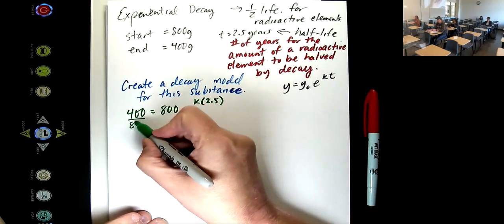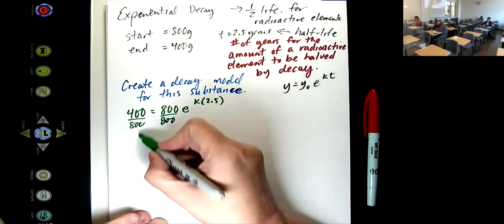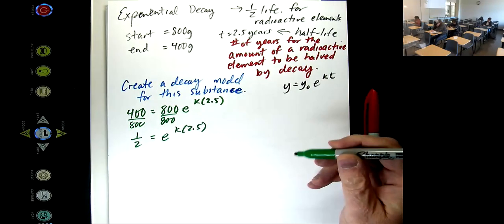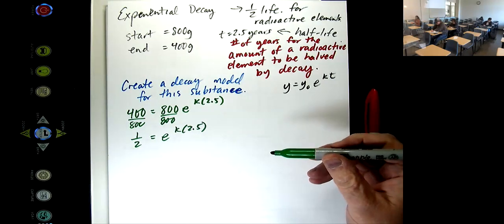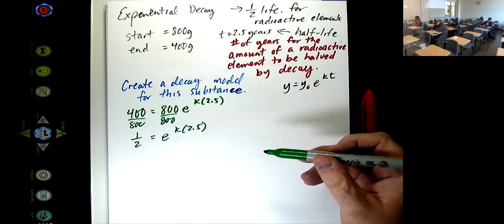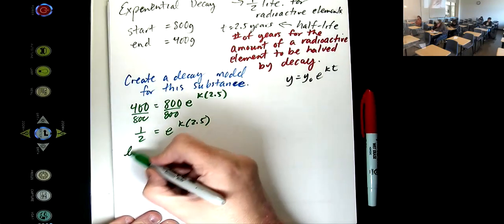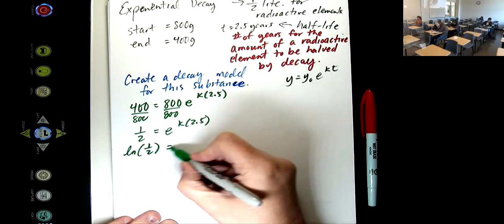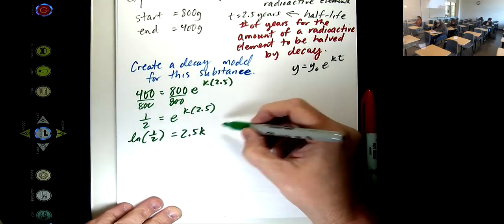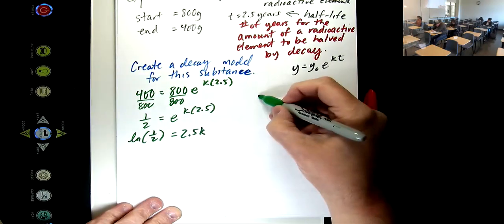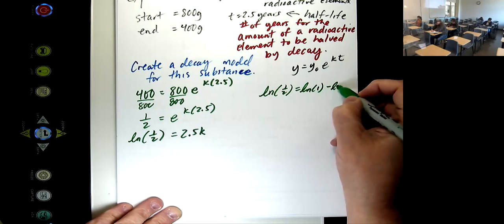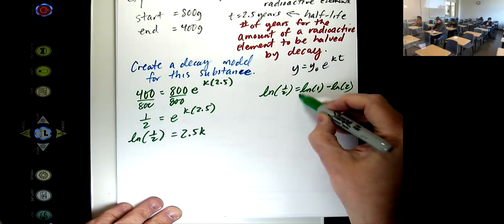We divide both sides by 800, and we get 1/2 on the left. We do the natural log of both sides. Natural log of 1/2 is natural log of 1 minus natural log of 2, and natural log of 1 is 0.